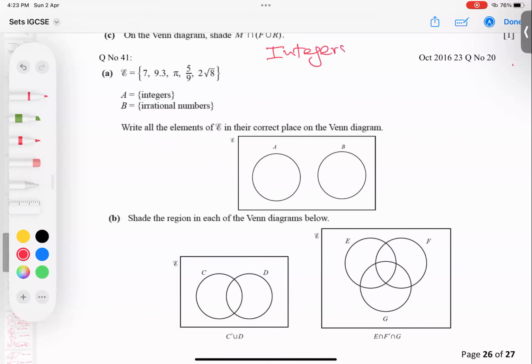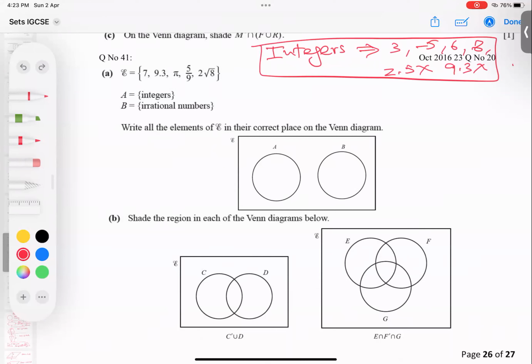Actually, whole numbers. For example, 3, -5, 6, 8, but 2.5 is not an integer, 9.3 is not an integer. So whole numbers are called integers. Integers can be positive and can even be negative.